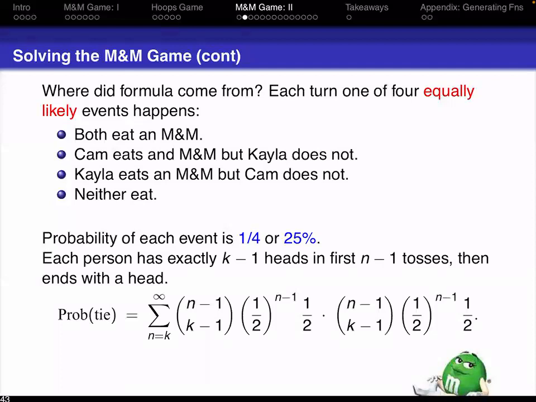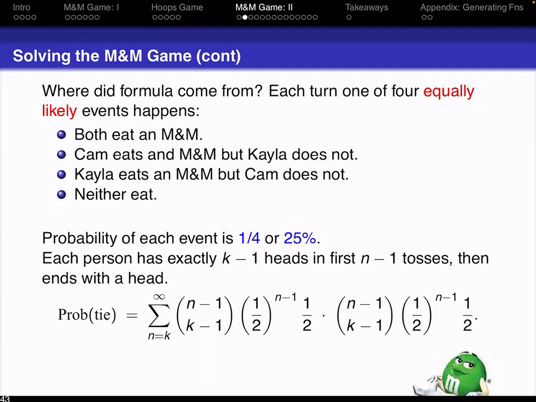So what would it mean for the game to take exactly n tosses and end in a tie? It means going into the nth toss, each person has eaten exactly k-1 M&Ms, and the final toss has to be heads. So that's where the factor of 1/2 and 1/2 comes from, that they both toss a head on the nth toss.